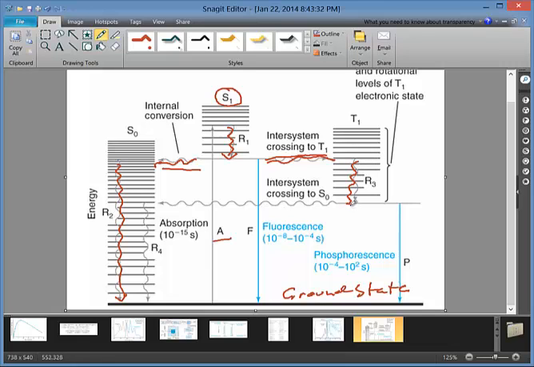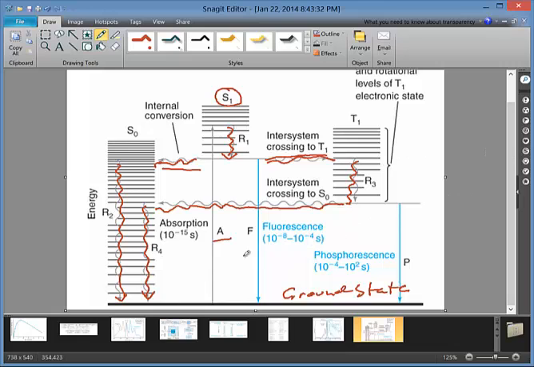One of the other options at this point, once you get to the lowest energy level of the T1, is again a radiationless transition. This is an intersystem crossing. Notice going from S to T or T to S, that's called an intersystem crossing. S to S is called an internal conversion. So these are just definitions that we should know. And then we drop down, again by radiationless transition, into the ground state. All of these processes that I've noted right now just generate an awful lot of heat.